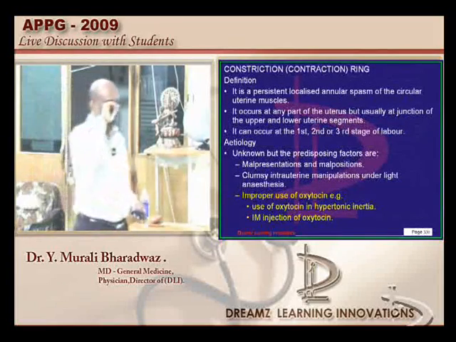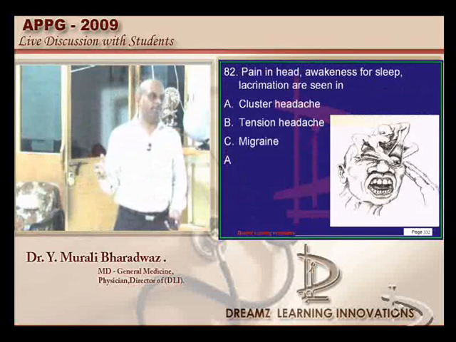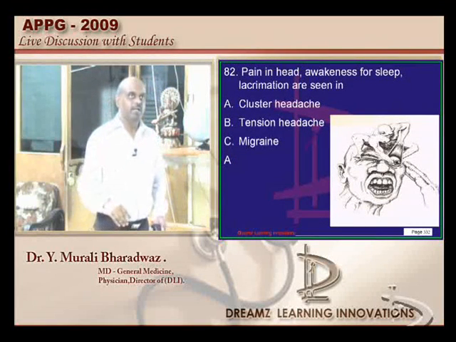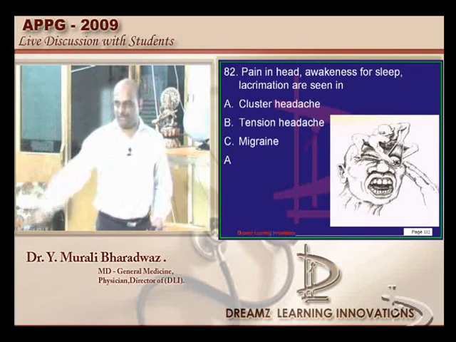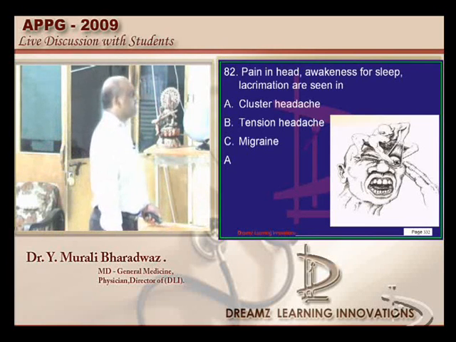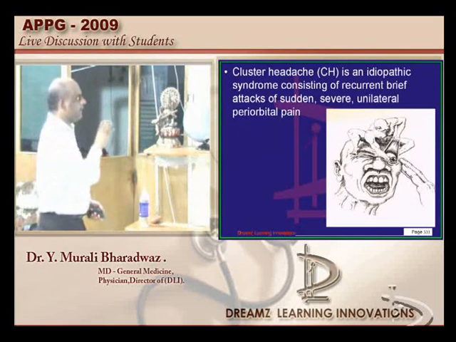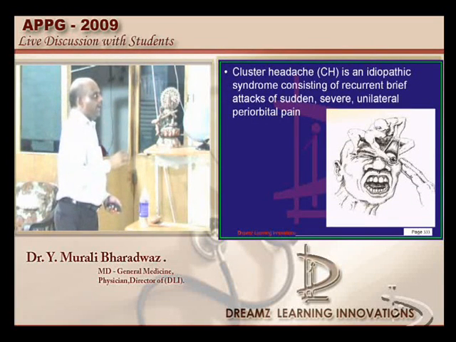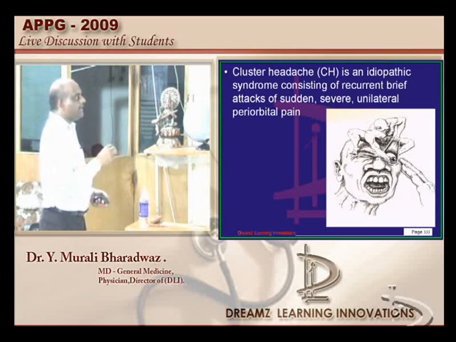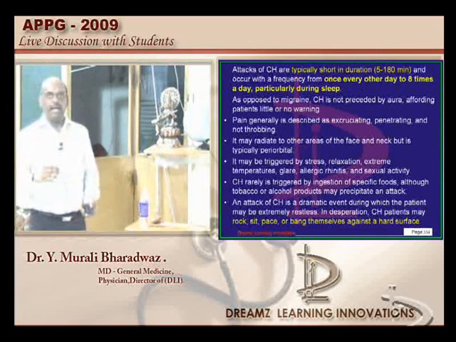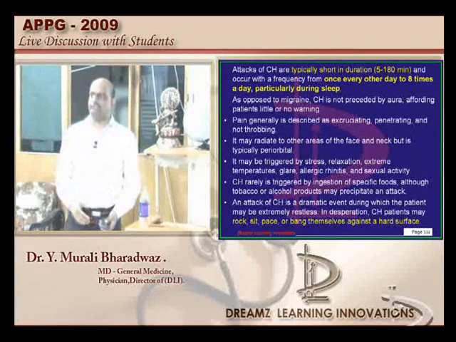Now comes the most frequently discussed topic in our every Sunday exam: cluster headache, tension headache, migraine. Without that there is no question paper. So you need to know that cluster headache is recurrent, brief, sudden, unilateral periorbital pain, and it is excruciating, penetrating, and can occur around 8 times, and the patient will be rocking, pacing, banging his head against a hard surface.